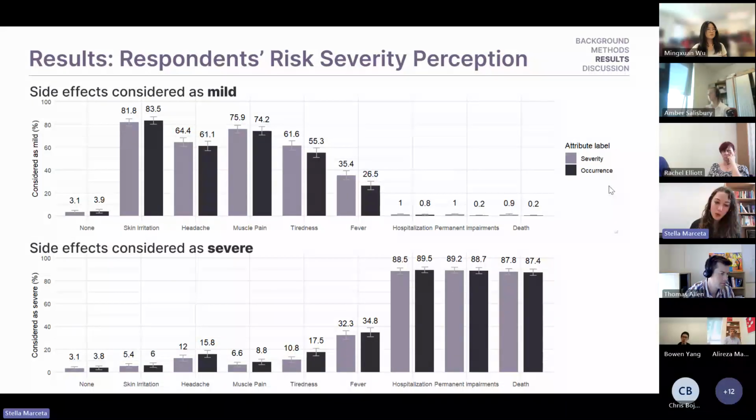And we see quite some discordance here between what clinicians classified as mild in the first DCE versus what patients actually think is mild. Especially when you look at fever, only 30% think it's mild, and more than 30% think it is a severe side effect, which, given the population of 60 plus people, might not be too far off that they find something like this quite severe.